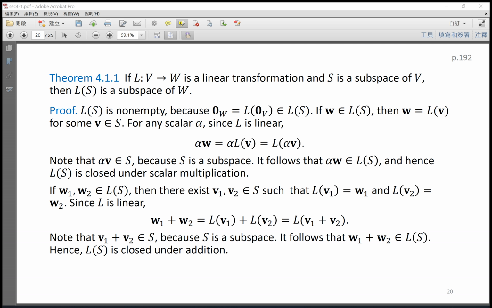The idea is that if w is in L of S, we want to show alpha w is also in L of S for any scalar alpha. If w is in L of S, then by definition, there exists v in S such that L of v equals w.